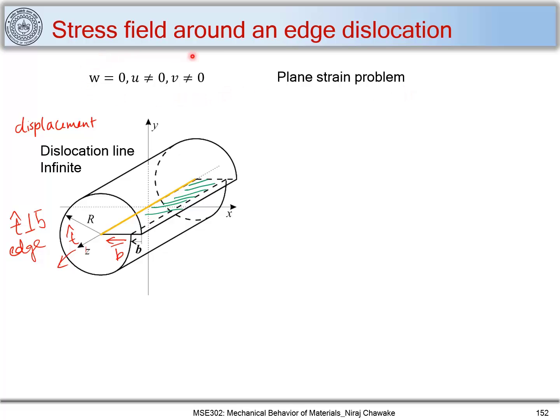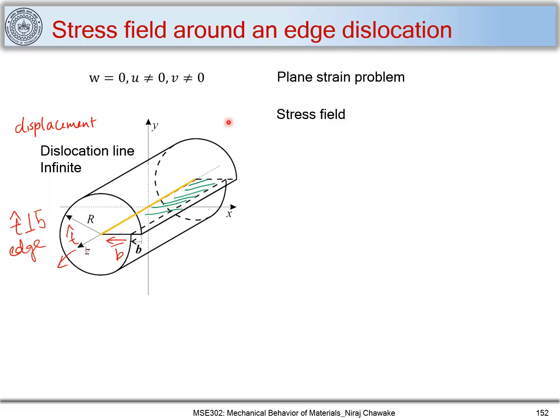However, to figure out these displacements, we need a different type of elastic theory which we haven't covered in our course, or which is beyond our course. So whatever displacement we get, we are writing it directly, and the stress fields we are trying to find out for an edge dislocation remain very complex.